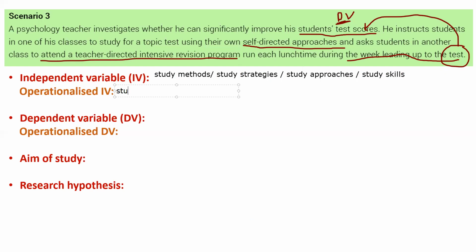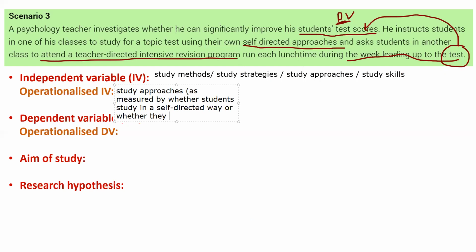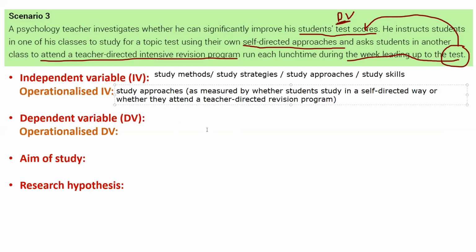So we can say study methods. Well, I'll use the word approaches because the scenario uses that as well, as measured by whether students study in a self-directed way or whether they attend a teacher-directed revision program. So that's the basic idea there. That's the operationalized IV.